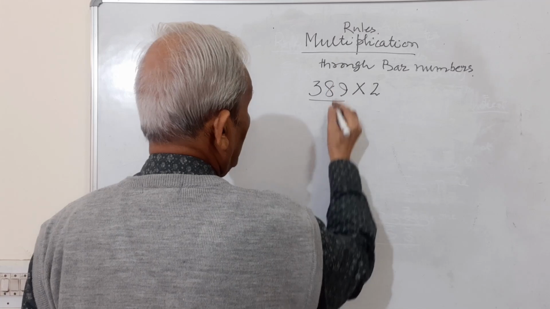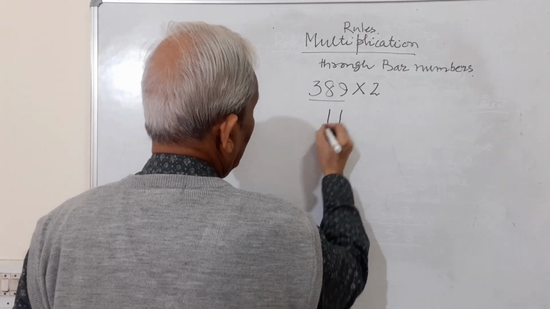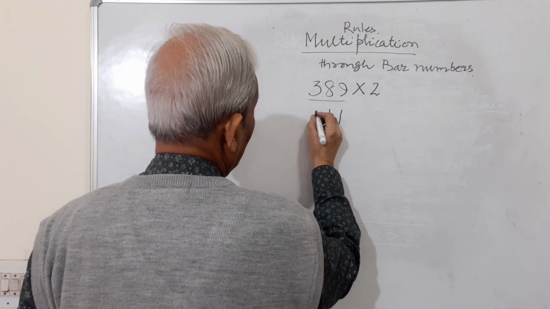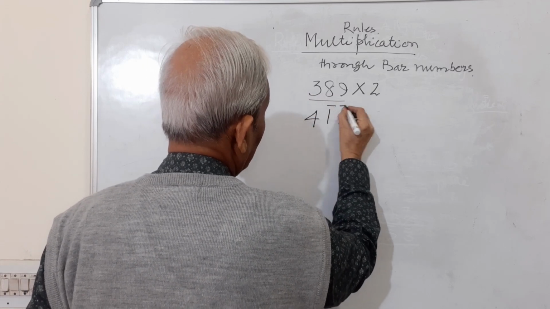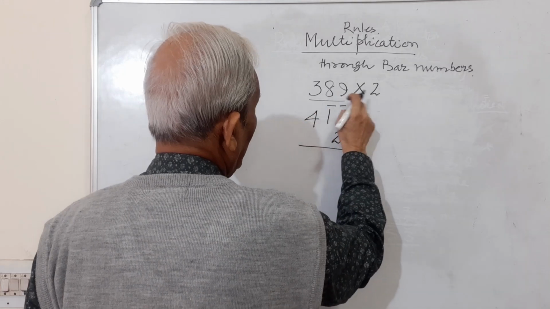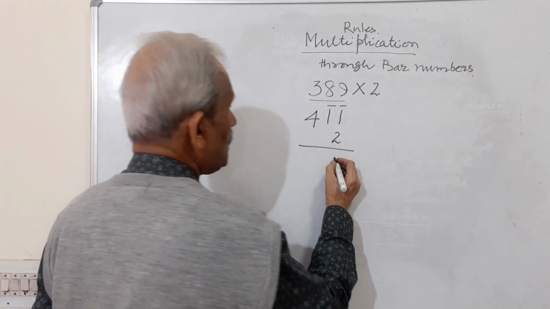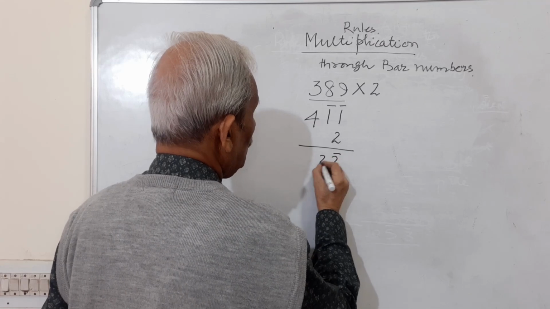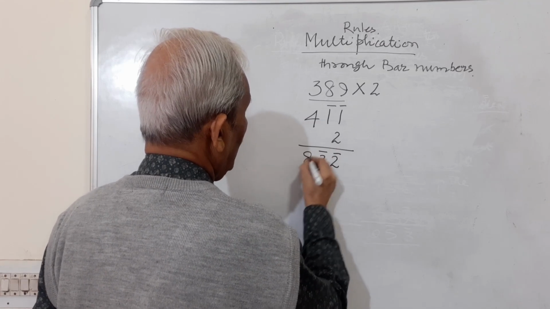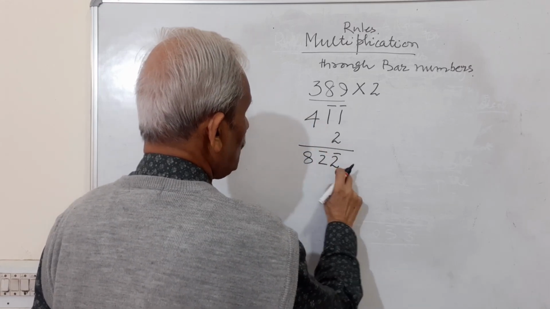Vinculation, how to do it? 10 minus 9 is 1, 9 minus 8 is 1, and then increase the first digit by 1, it becomes 4, so 4 1 1 bar into 2. Now see what happened: the bigger digits 8 and 9 are reduced, now they have become 1, 1. Write 2 bar. 4 into 2 is 8, 1 into 2 bar, 1 into 2 bar, so 8, 2 bar, 2 bar.